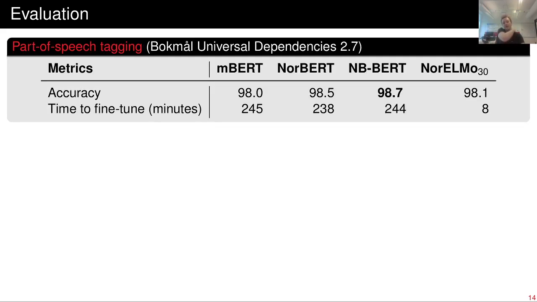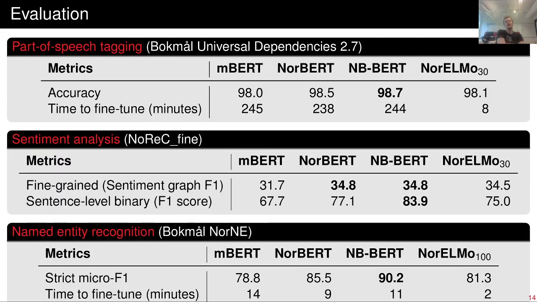So yeah, let's compare these models. We evaluated them on a selection of standard NLP tasks for Norwegian. You can find more details in the paper, but essentially for all the tasks, part of speech tagging, sentiment analysis, named entity recognition, we found that the models trained on Norwegian always outperform multilingual BERT by Google.